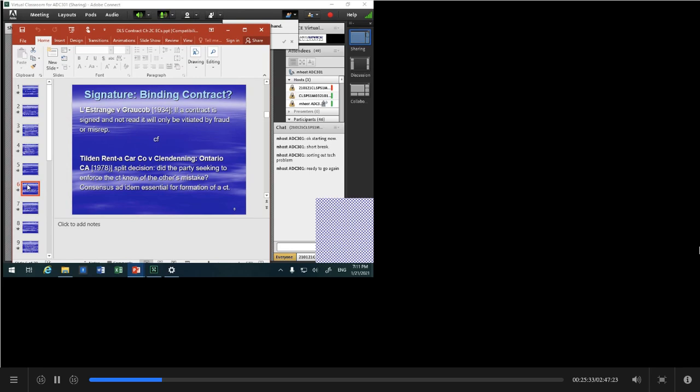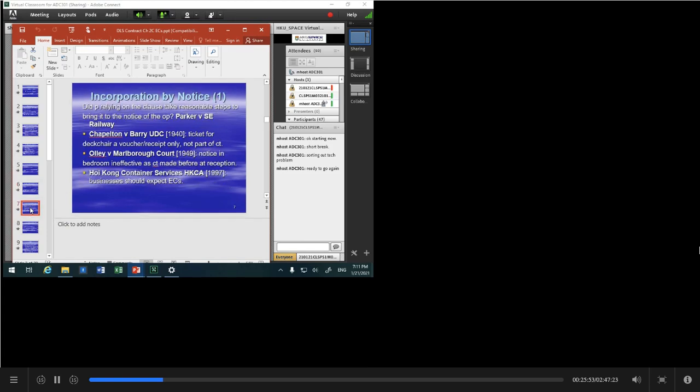Incorporation by notice, the leading case, Parker v South Eastern Railway, gives us the test: the party relying on the exemption clause must take reasonable steps to bring it to the notice or attention of the other party. That depends on the facts of each case. Parker is your must-know case. All the other cases are just illustration of that.